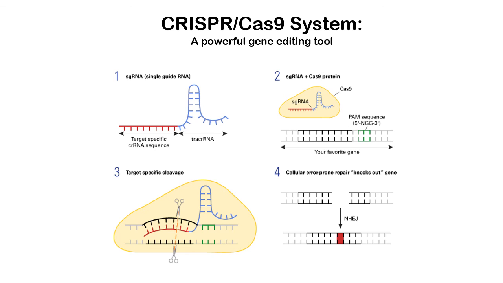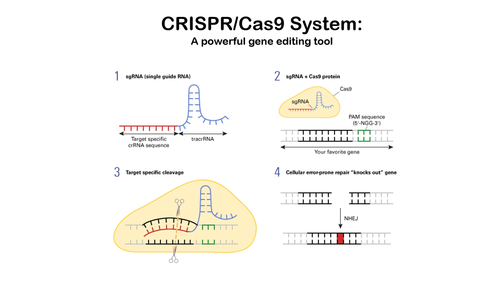CRISPR-Cas9 was adapted from a naturally occurring genome editing system found in bacteria. Cas9 protein complexes with a guide RNA. The guide RNA contains a short sequence that binds to a specific target sequence of DNA in the genome. The modified RNA is used to recognize the DNA sequence, while the Cas9 enzyme cuts the DNA at targeted locations.